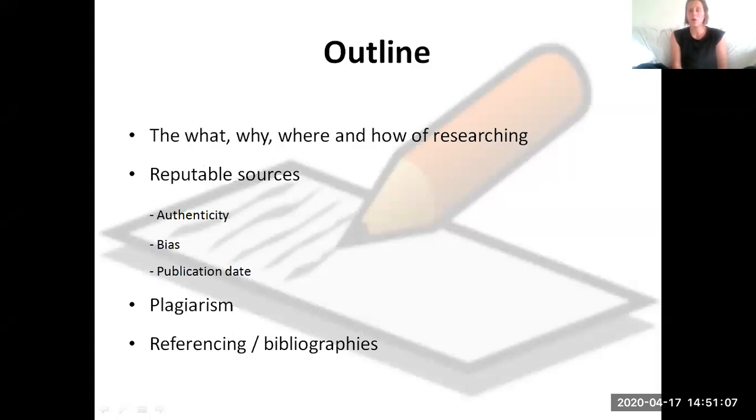And the way we know whether it's credible or reputable, which is the same thing, trustworthy, I guess, is another way to say it, is looking for the authenticity, the bias, and the date of publication. We'll look at an example of how to find that information. What is plagiarism and how do we prevent ourselves from plagiarizing? And then writing a reference and putting your references in a bibliography.